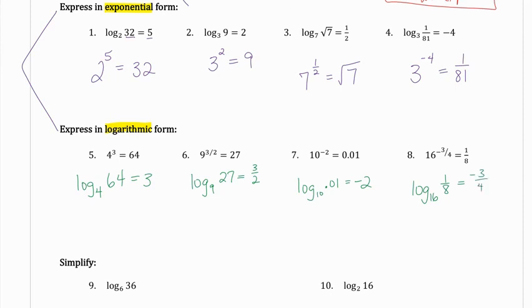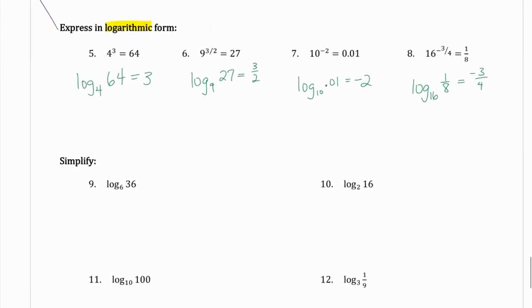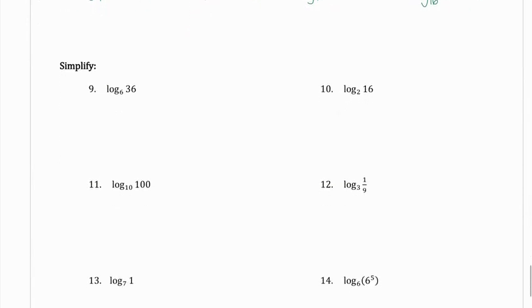Okay, there's no real computation you have to do there at all unless you want to check your answer. You are just switching between one form and the other. Okay, and where this can come in useful is then it helps us solve or simplify logarithmic expressions or evaluate them, right? On all of these, your answer should just be a number, because remember, your answer is your exponent, right?